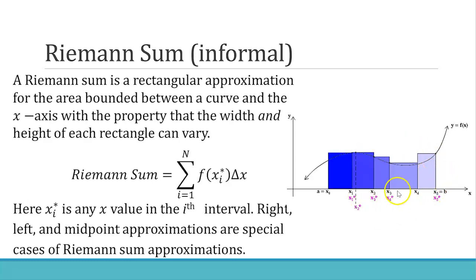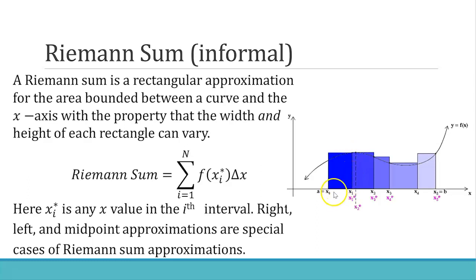So if we look at this picture over here, we're interested in the exact area from A to B under this curve and above the x-axis. And we have been looking at the case of using rectangles of equal width and then picking specifically the right endpoint for the height, or the left endpoint for the height, or the midpoint for the height.